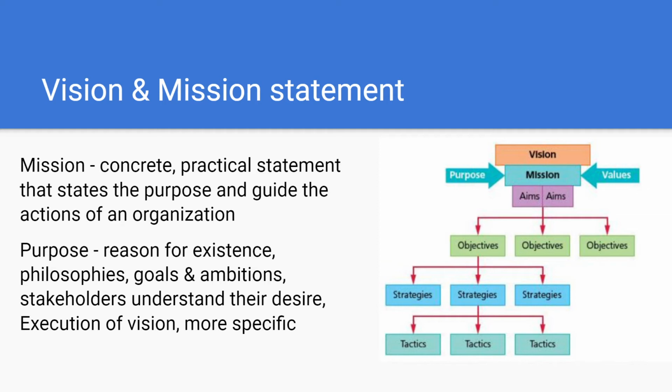It also often gives away philosophies of the organization, for example Tesla, that you should always be innovative. They probably have that in their mission statement. It also often tells you the goals and ambitions of the organization, and sometimes even includes the aims. It's there for the stakeholders to understand the desire of the organization.